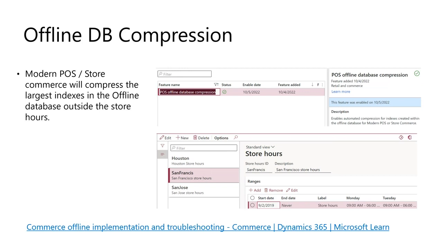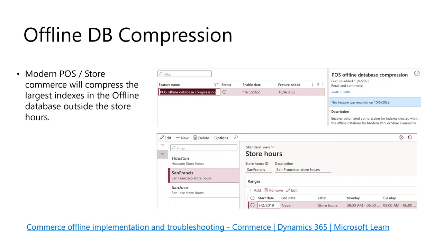How does it work? There is a backend job executed from POS to compress the large indexes. This is designed to execute outside the channel store hours. Modern POS or Store Commerce app will query the offline databases for non-compressed, non-clustered indexes. Then it looks for the larger indexes, larger than 100 MB or larger than 1% of DB size.